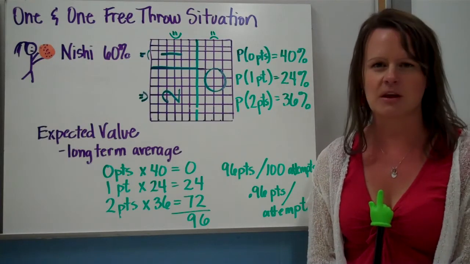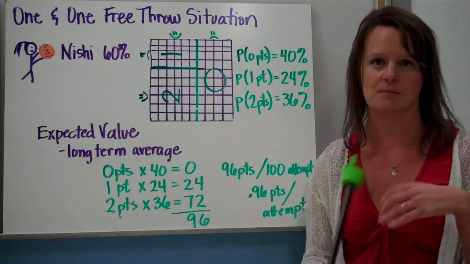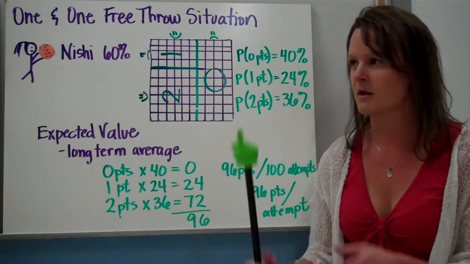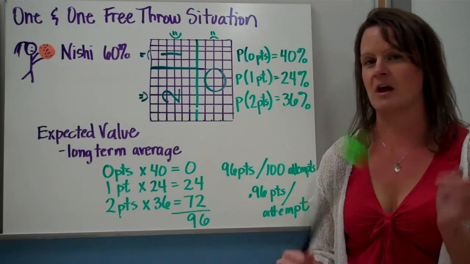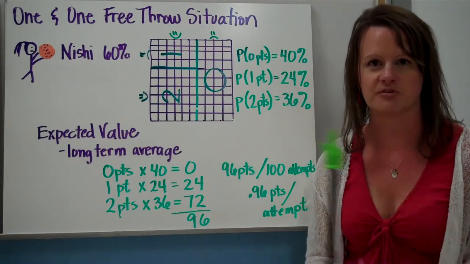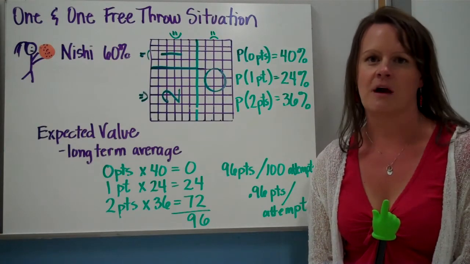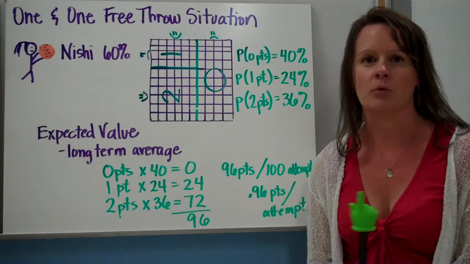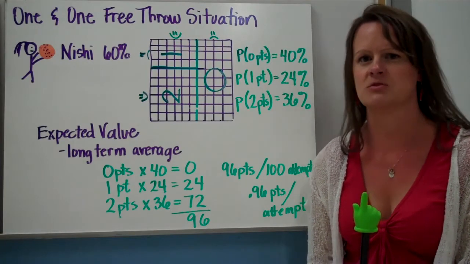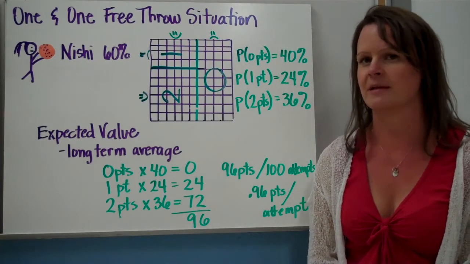She can score 0 points, missing the first shot and not getting a second shot at all; score 1 point, making the first shot but not the second; or score 2 points, making both shots. Most kids predict that Nishi will score 1 point as the most likely outcome. But you're going to see in a minute that's not actually the most likely outcome.